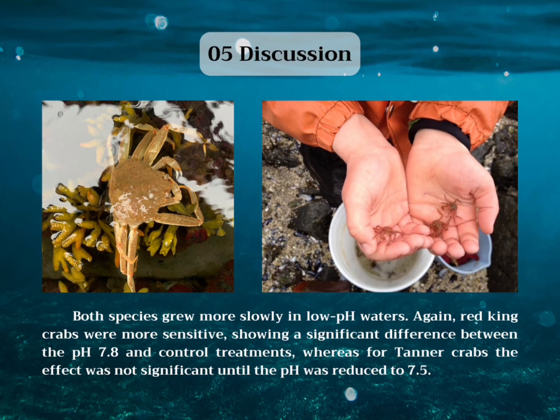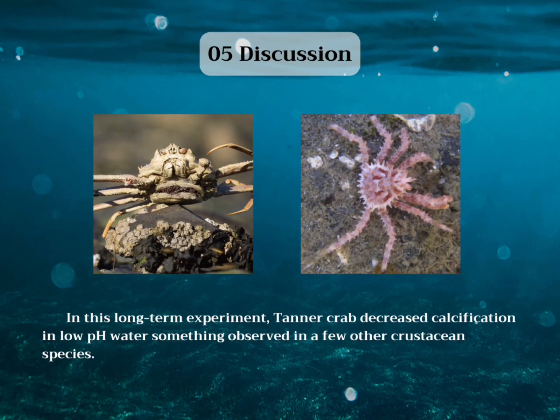Again, red king crabs were more sensitive, showing a significant difference between the pH 7.8 and control treatment, whereas for tanner crab, the effect was not significant until the pH was reduced to 7.5. Next, in this long-term experiment, tanner crab decreased calcification in low pH water, as observed in a few other crustacean species.